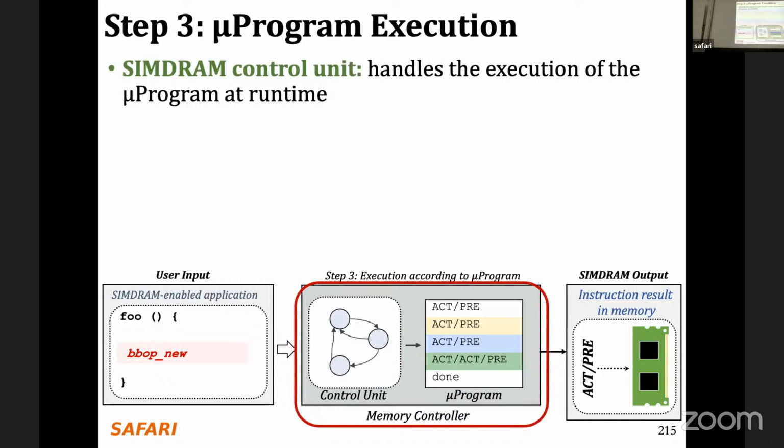And in the third step, we have this control unit, which is placed in the memory controller, which is basically dispatching the different DRAM row activations to the DRAM chips, in order to implement the initial majority-not logic that the user wanted to design.